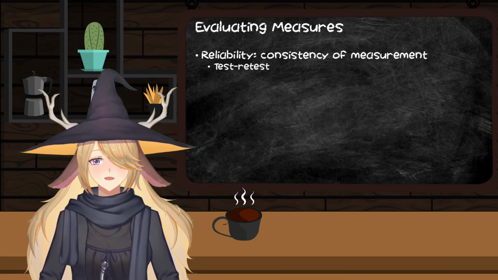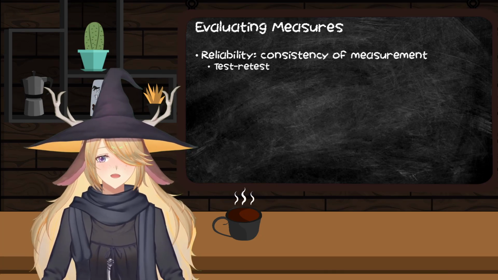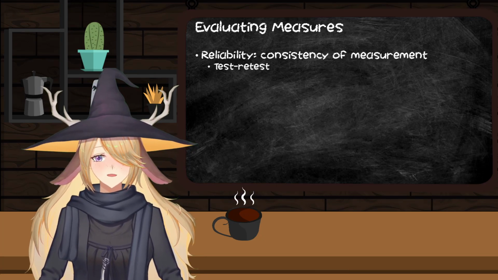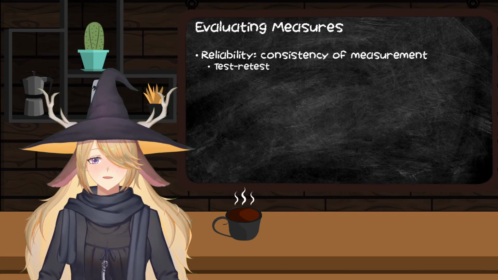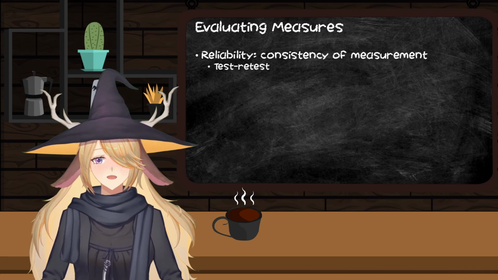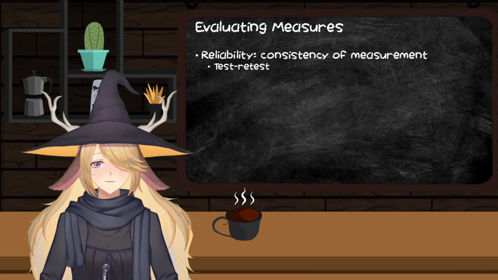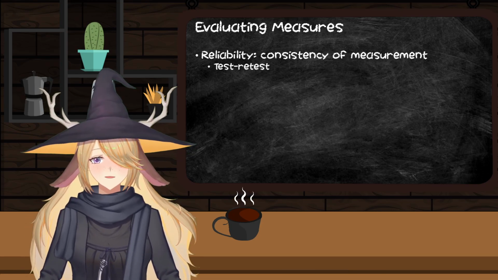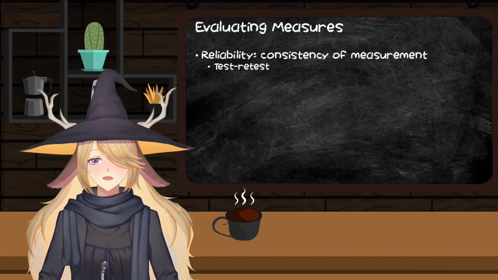So how do we evaluate a measure? Well, one way to look at it is reliability. We talked about validity before, but reliability is a close cousin. Reliability can come in a couple of different flavors, one of which is test-retest reliability. That is, if I ask you the question, then I ask you the question again, do you say the same answer?